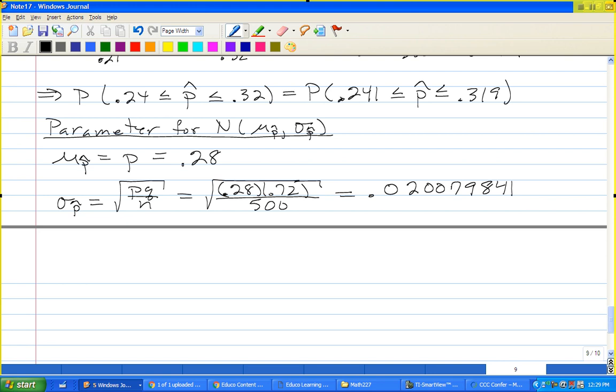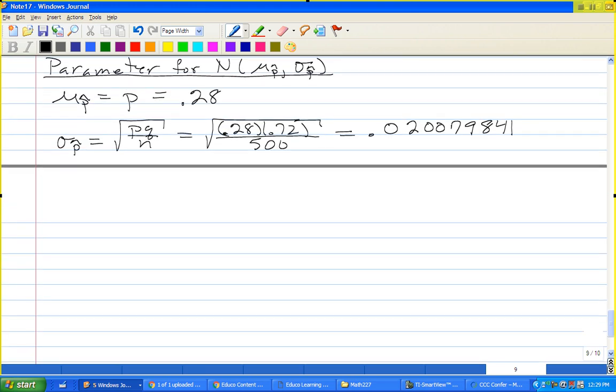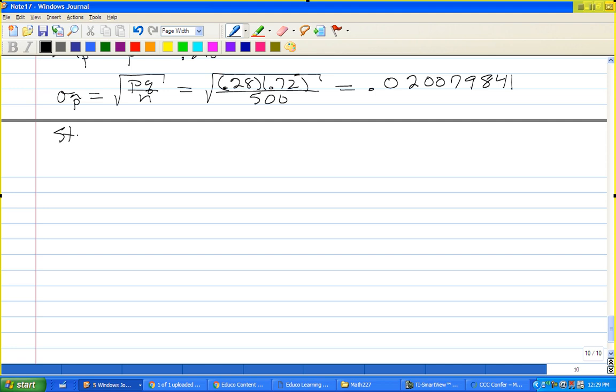And so let's standardize my normal random variables. And so z equals x minus mu over sigma.